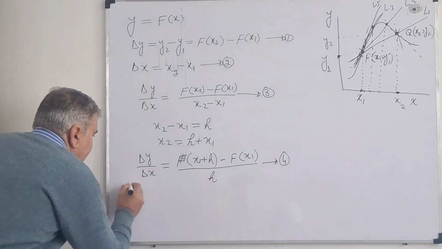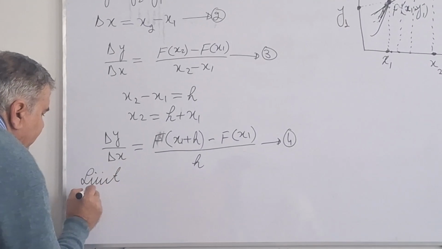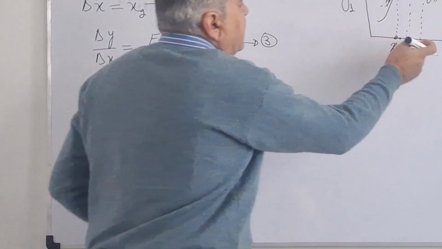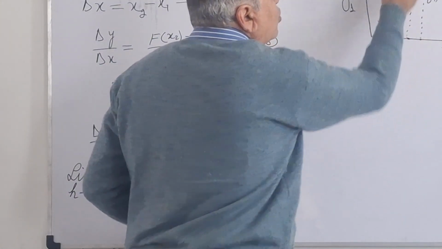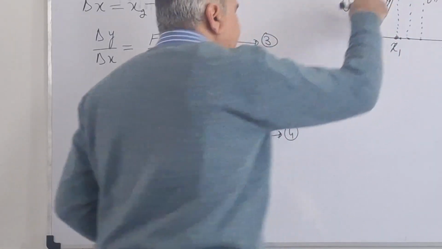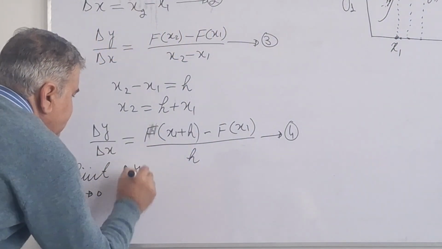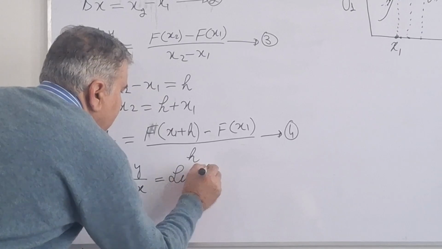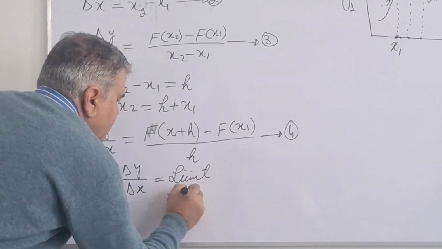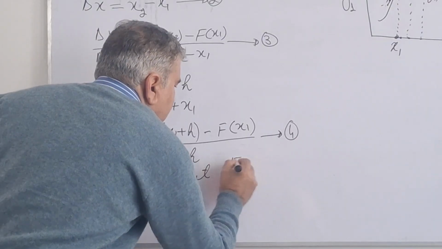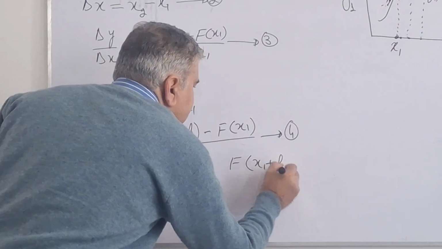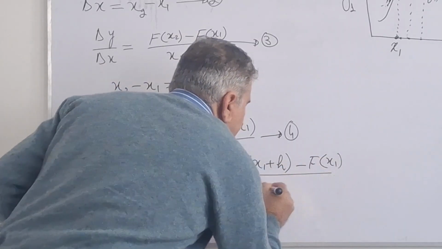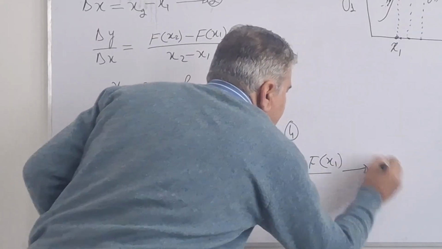That is, if I take the limit of this equation such that h tends to 0, then geometrically we see that when the value of h is decreasing, we are shifting from a secant line to a tangent line, and then this becomes delta y over delta x equals limit h tends to 0 of f of x1 plus h minus f of x1 divided by h. I call this equation 5.